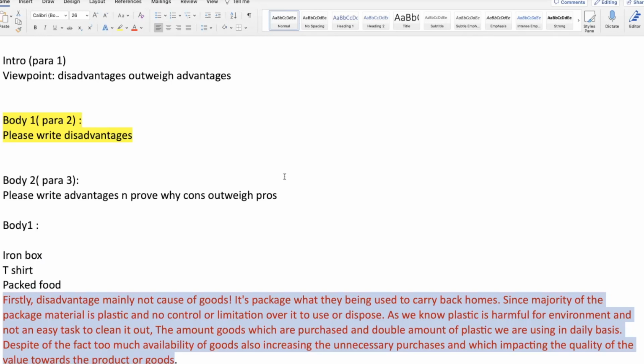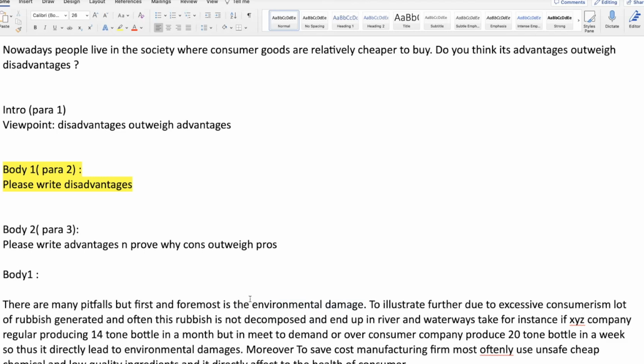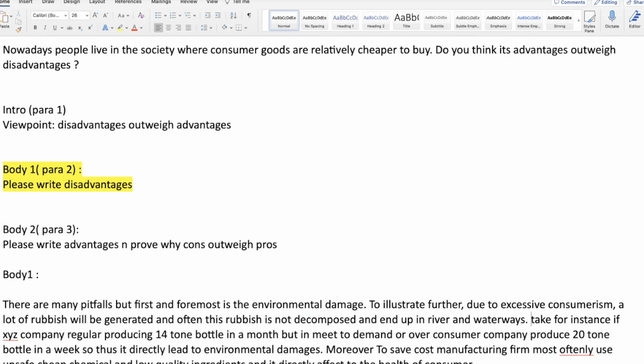That's okay, Gaurav. Guys, even if it is wrong, it's okay. Please send me. I'll correct it. Okay, there are many pitfalls, but first and foremost is environmental damage. To illustrate further, due to excessive consumerism, a lot of rubbish is generated.